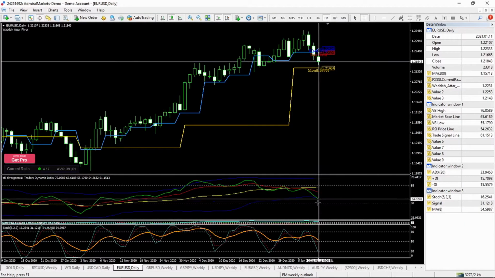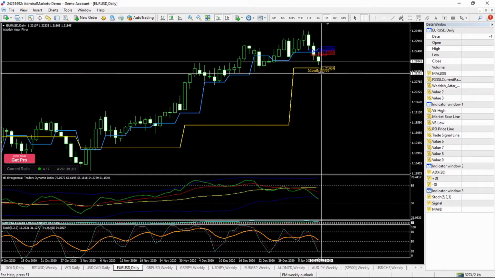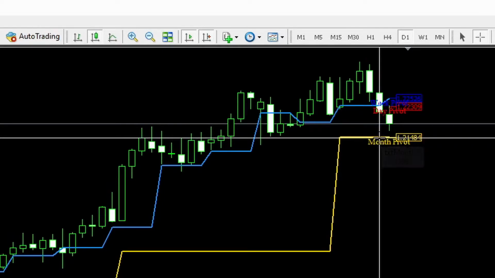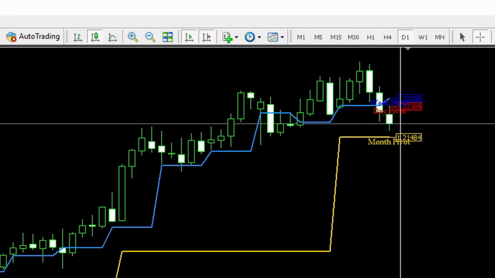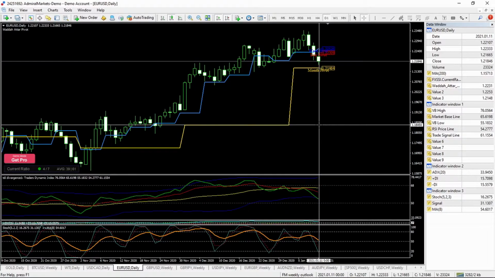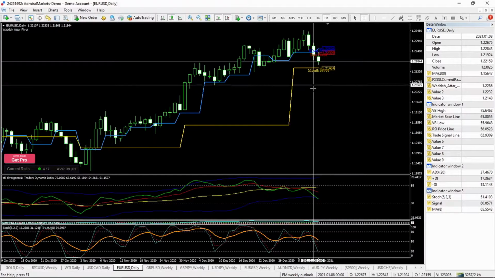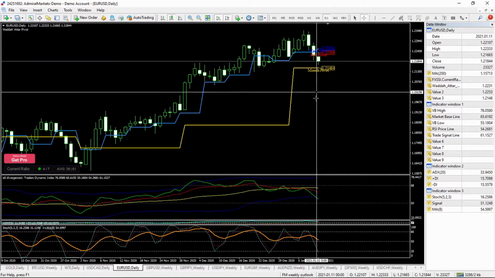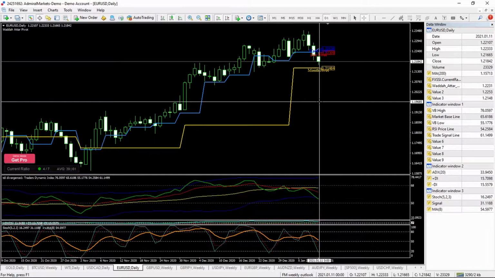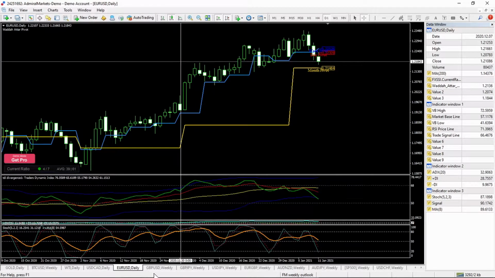And most likely when it falls below this 50, it'll probably fall also below the monthly pivot. But it's one of those things. I don't have the statistics for you guys, but I will say that there's a high probability that it will continue to fall.